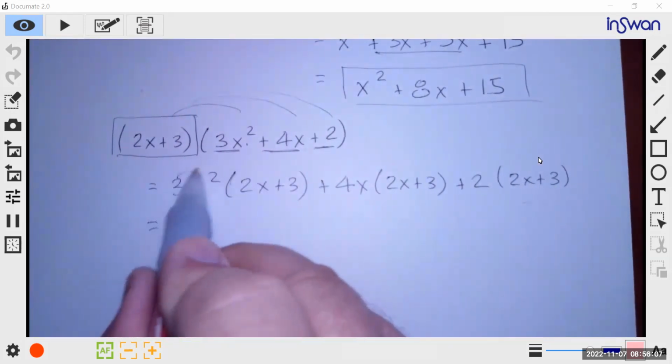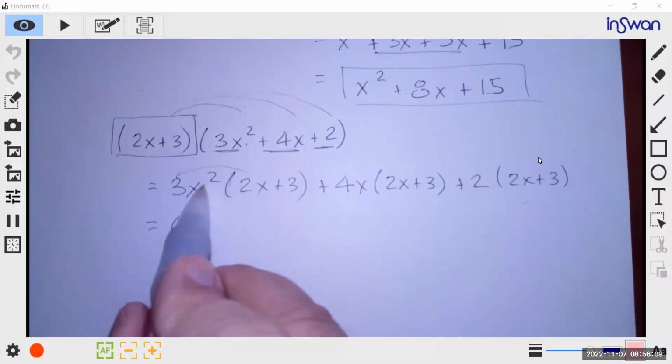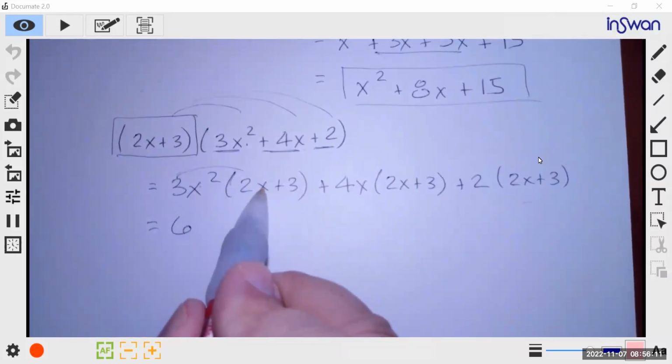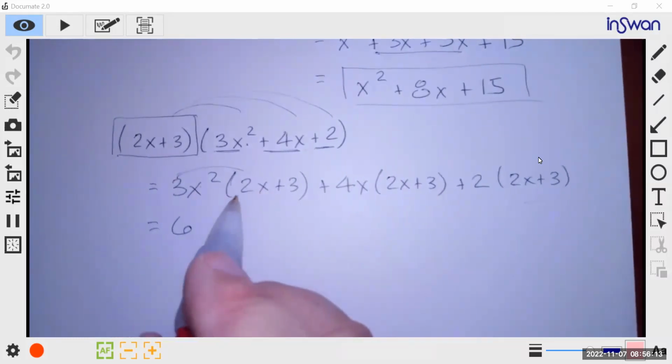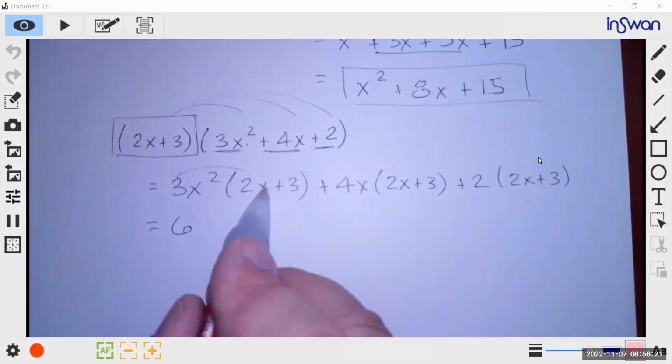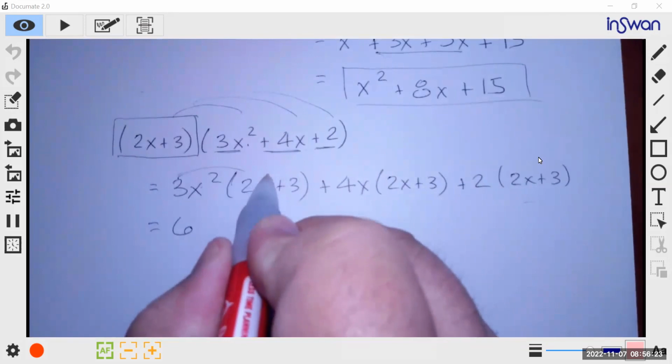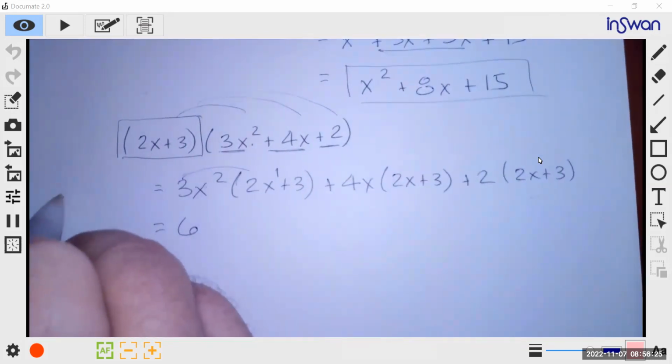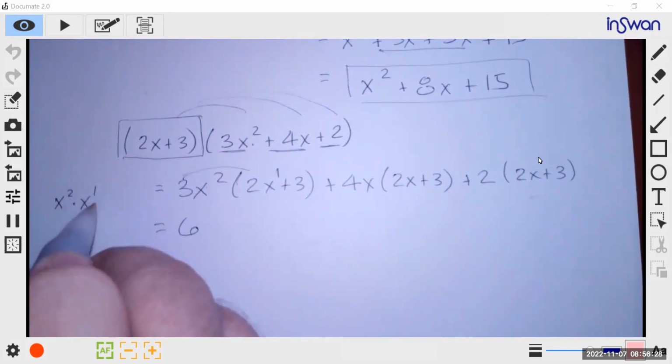Positive, positive, positive. 3 times 2 is 6. X squared times x. What is x squared times x? What power does this one have? So we have x squared times x to the first. What are you doing? You have the same bases.